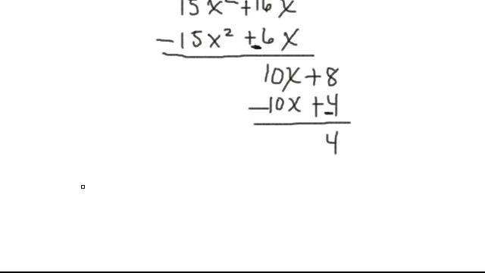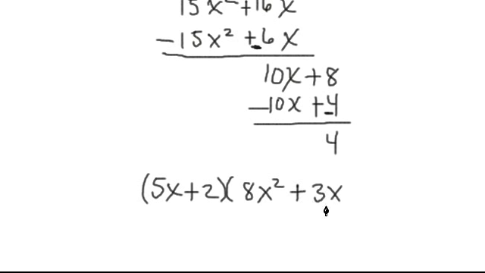Alright, so let's rewrite this all out again so we can see what we got, which is going to be 5x plus 2, and then we have 8x squared plus 3x plus 2, and then plus 4.